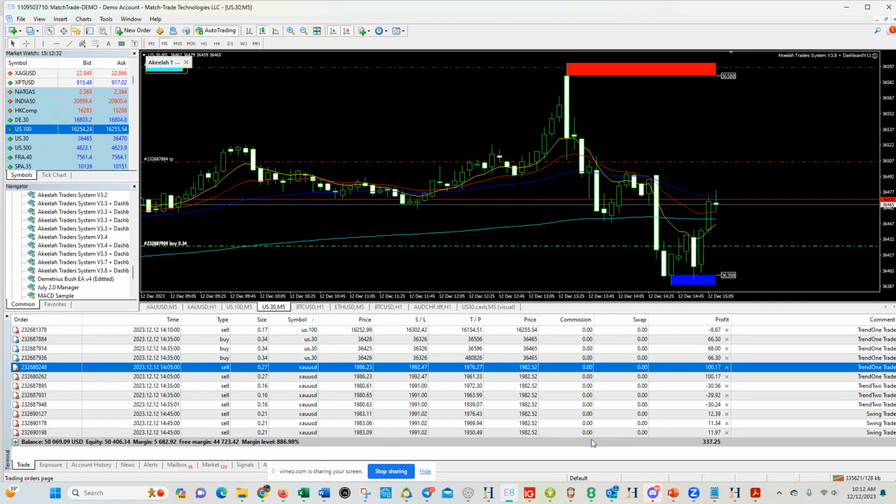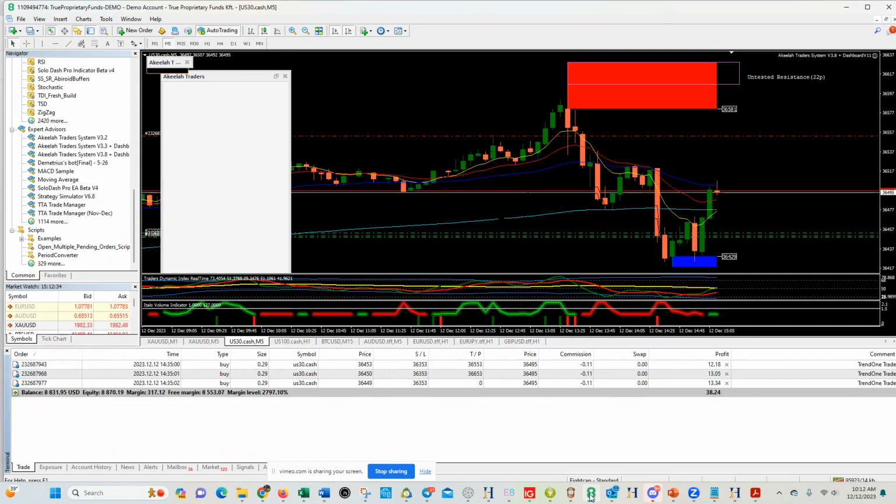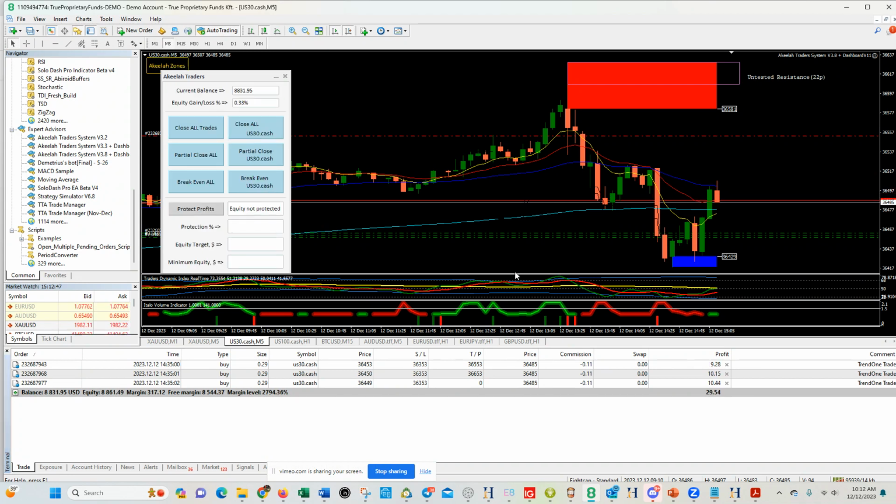I think I've got another one. I don't know if this one is in some trades. Okay, yeah, this is another account that we're trading, and it has a few. It's a little bit smaller account, and looks like we're in a similar trade. We're running the same US30 strategy on this one.